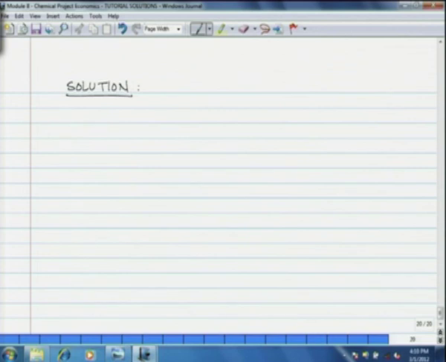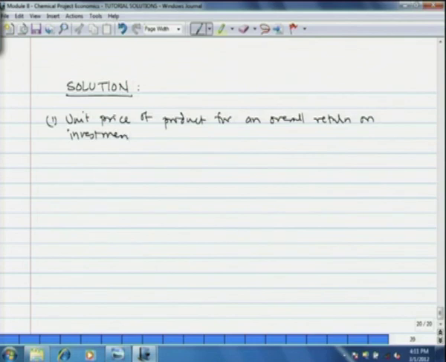So let us start the first bit of the problem. Firstly, we have to find out the unit price of the product for an overall rate of return, not annual but over 10-year period, for an overall return on investment of 30% over 10-year period.